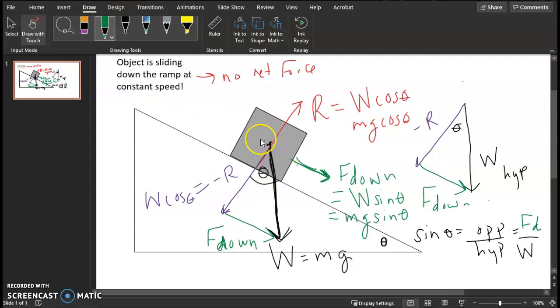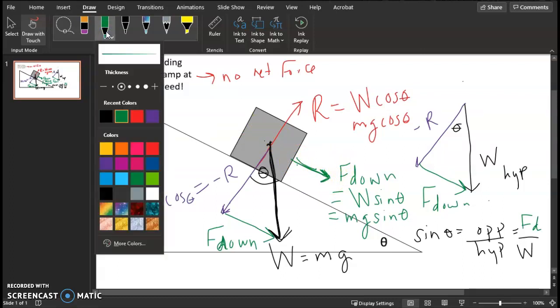If this ramp were frictionless, the object would accelerate down the ramp, but the object is sliding down the ramp at constant speed, which means there can be no net force acting on it. That means this ramp has to have friction. There's friction acting between the surface of the ramp and the bottom of the block. Because it travels down at constant speed, this force down the ramp must equal an opposing force.